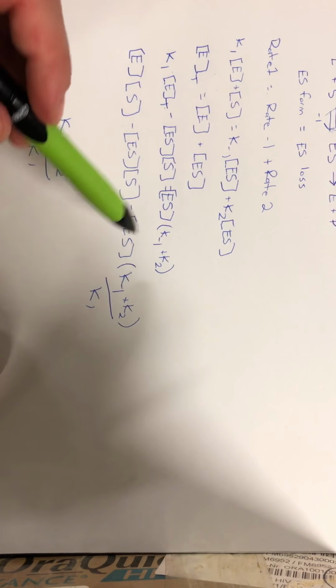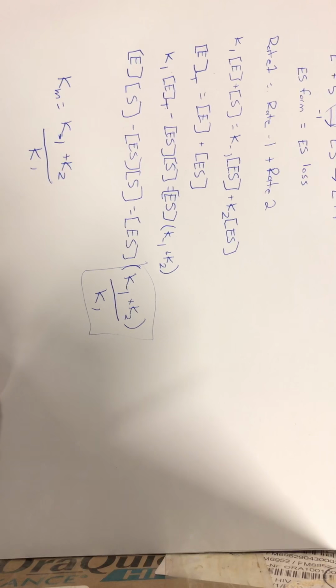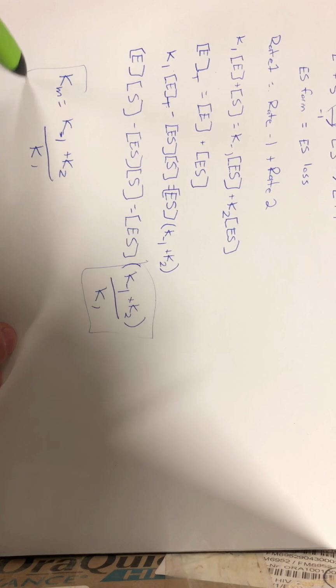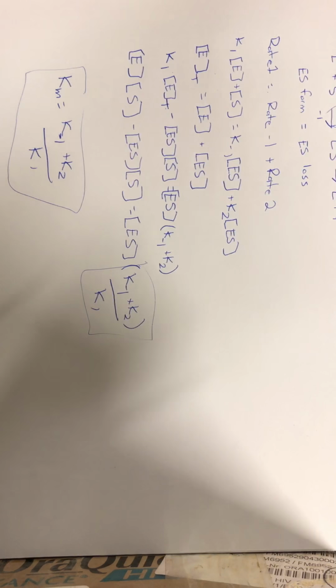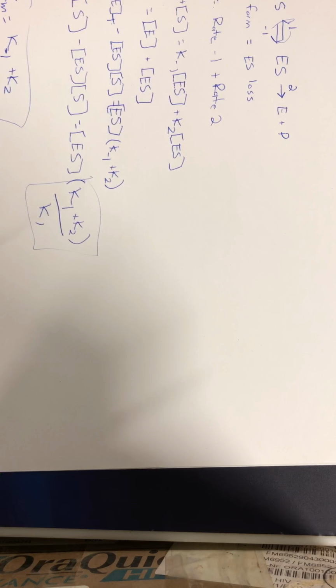So know that Km is equal to that. This equation here is the same as number 2 on our sheet that we're supposed to break down, and then we'll start to move on to the next portion over here.